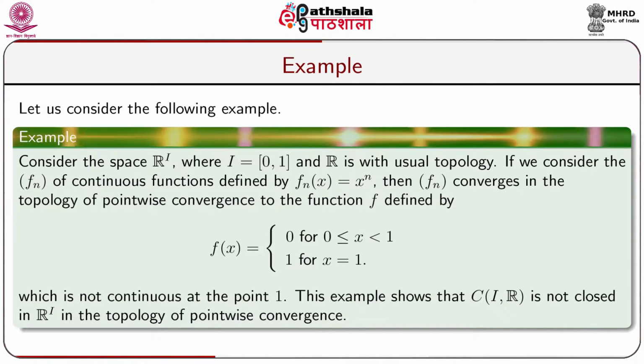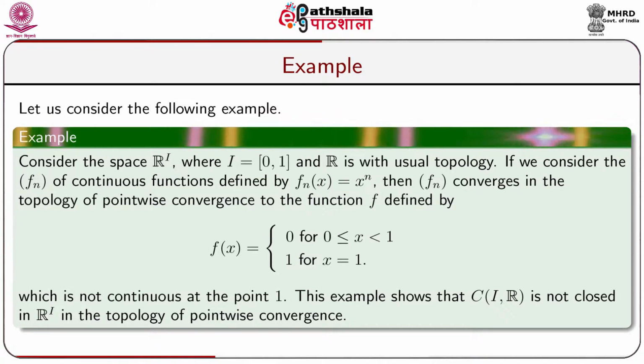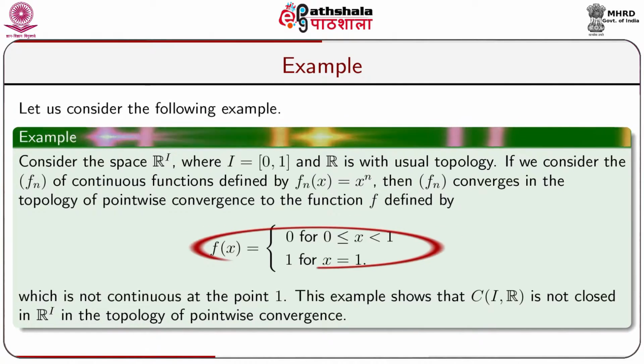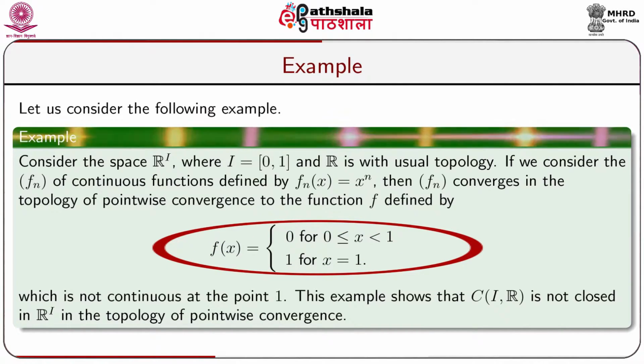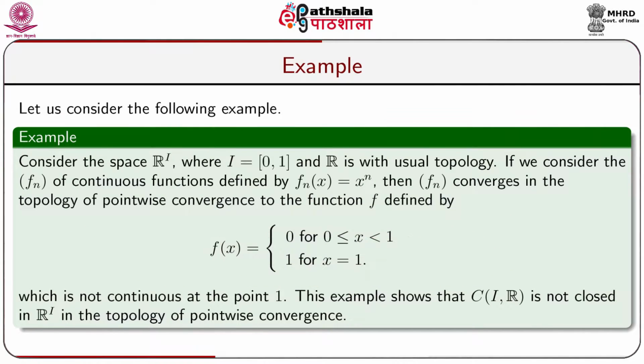Then f_n converges in the topology of pointwise convergency to the function f defined by f(x) equal to 0 for all x with 0 less than or equal to x strictly less than 1, and equal to 1 for x equal to 1.